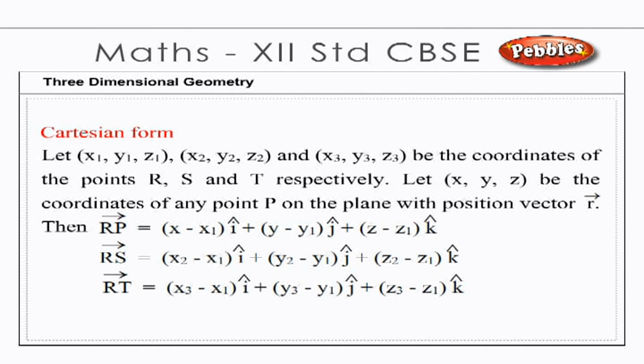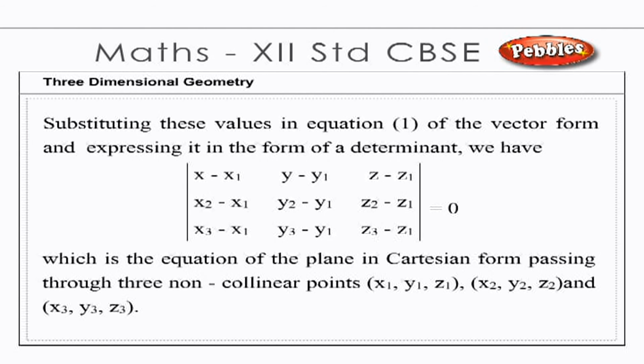Then RP vector equal to (x minus x1) i cap plus (y minus y1) j cap plus (z minus z1) k cap. RS vector equal to (x2 minus x1) i cap plus (y2 minus y1) j cap plus (z2 minus z1) k cap. RT vector equal to (x3 minus x1) i cap plus (y3 minus y1) j cap plus (z3 minus z1) k cap.